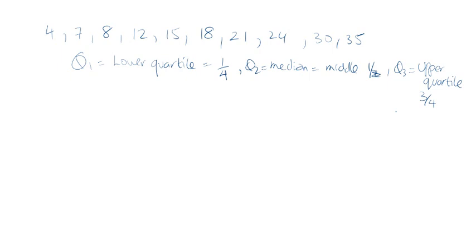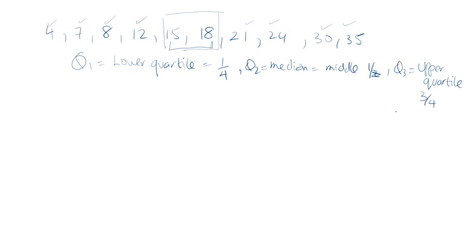So the easiest one to find is the median. The median is exactly in the middle of the data set. If we look at this data set, the middle is somewhere between 15 and 18. Because if I put 15 and 18 in the box, you realize that there are exactly 4 numbers on the right hand side and 4 numbers on the left hand side.